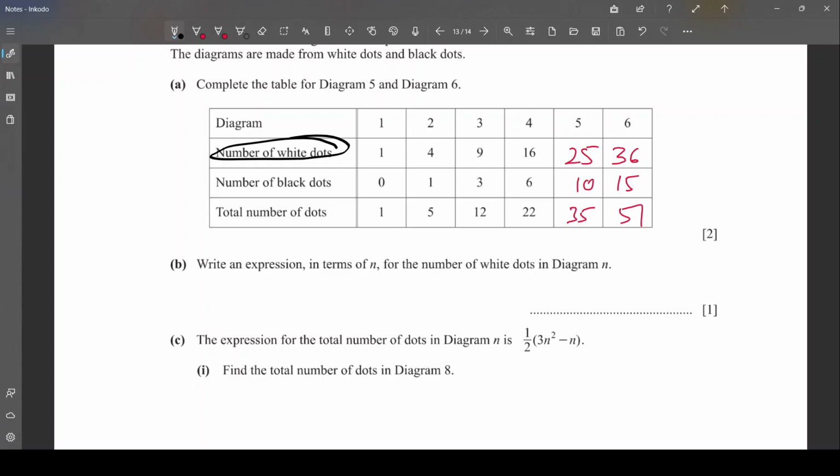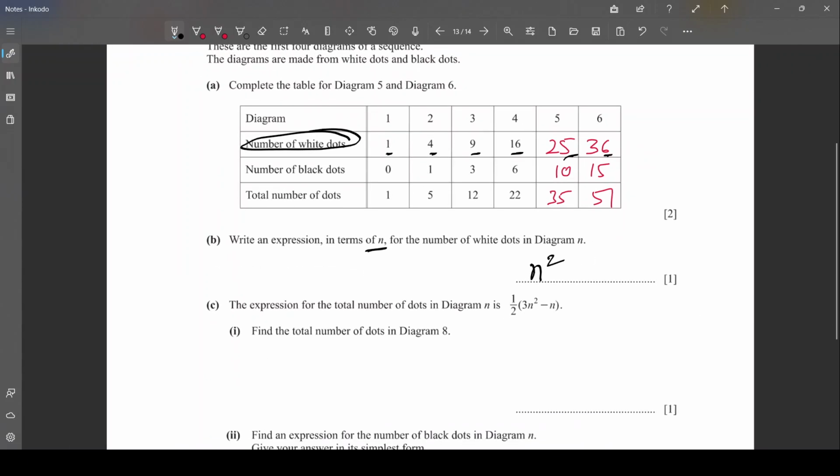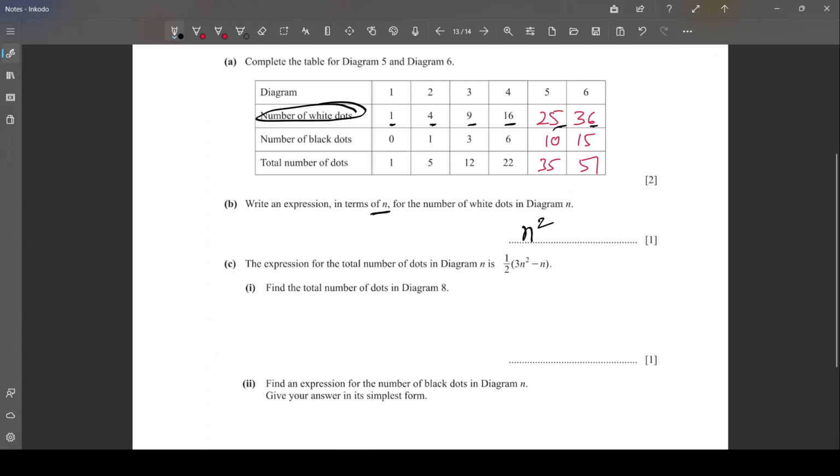Here we will be using the normal method, because for finding the nth term in this case it is a square, right? 1 square, 2 square is 4, 3 square, 4 square is 16, 5 square is 25, 6 square is 36. So the nth term should be n square. Okay, it's very simple here. This is clear.